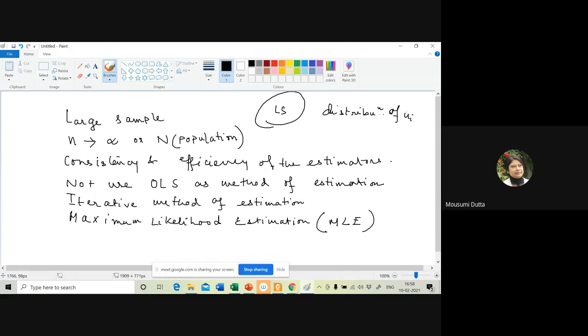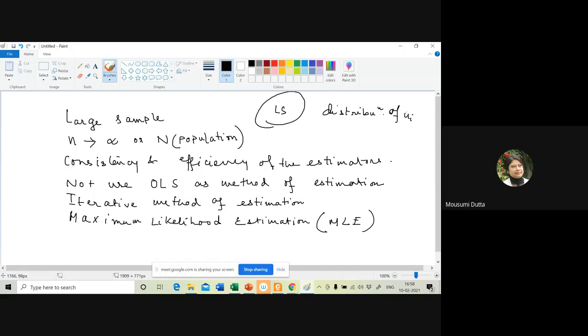Under most circumstances, it will be differentiable. However, there may be certain circumstances where we will not get a likelihood function which is differentiable.